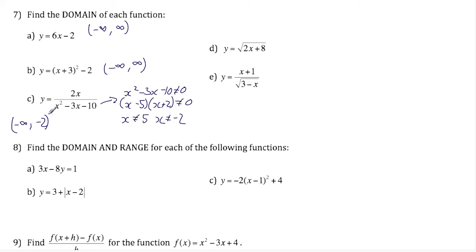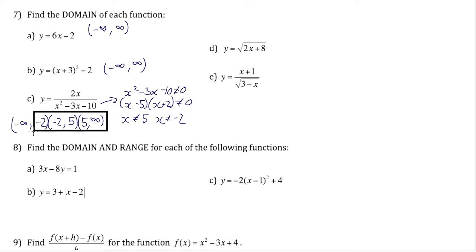Because x cannot be equal to negative 2, I have parentheses and not a bracket. And then after negative 2, it goes all the way to 5. And then again, it can't equal 5, so I stop. And then after 5, I continue all the way to infinity. That's the answer. The hard part about this may be the interval notation.